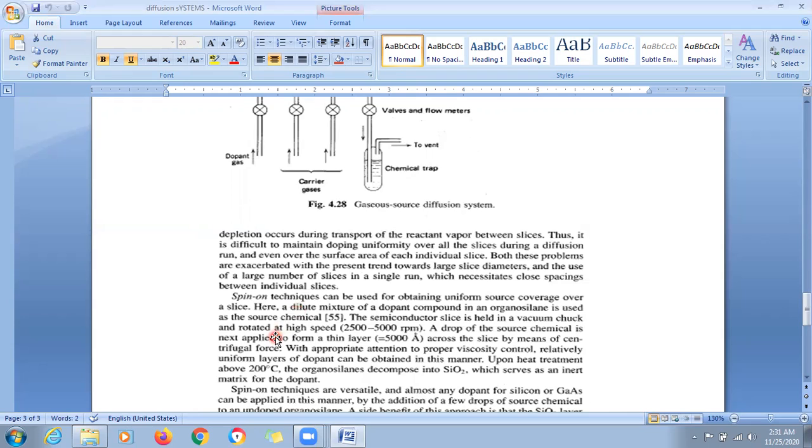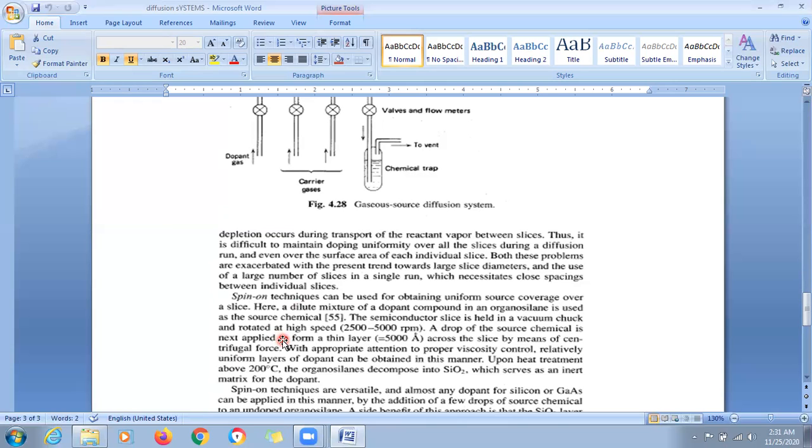Here a dilute mixture of dopant compound in organosilane is used as the chemical source. The semiconductor slice is held in a vacuum chuck and rotated at a high speed. The RPM count is around 2500 to 5000 RPM.